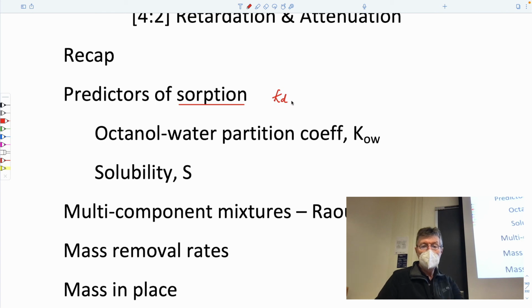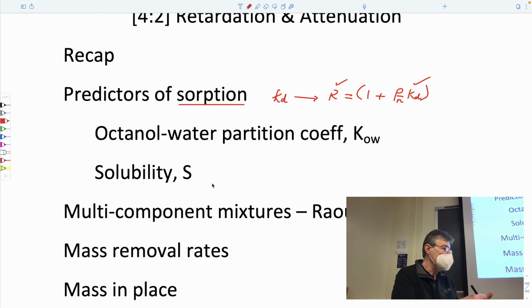We want to get KD because that gives us retardation, which is the same equation. And so if we have a magnitude of this, we can get this, and we can do exactly what we've done today, but not have an experiment to tell us beforehand what our result is, because we'd like to be able to predict it.